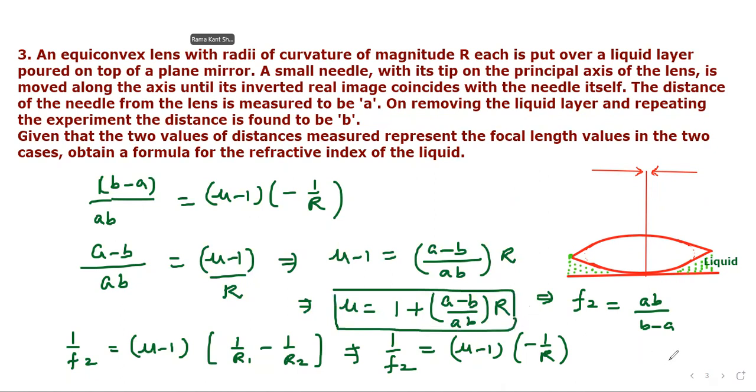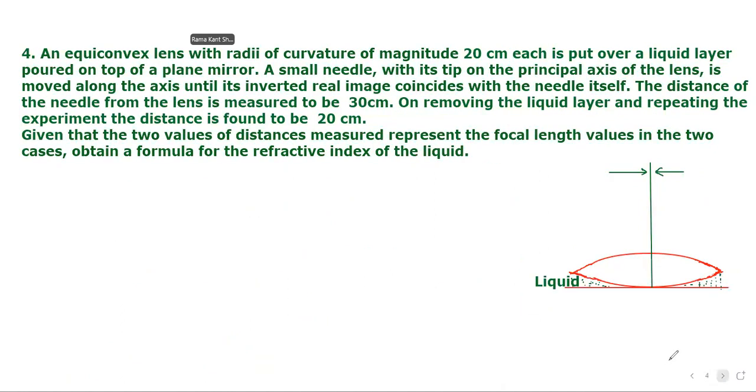Now, next question. The next question says: an equiconvex lens with radii of curvature of magnitude 20 centimeter each is put over a liquid layer poured on top of a plane mirror. A small needle with its tip on the principal axis of the lens is moved along the axis until its inverted real image coincides with the needle itself.